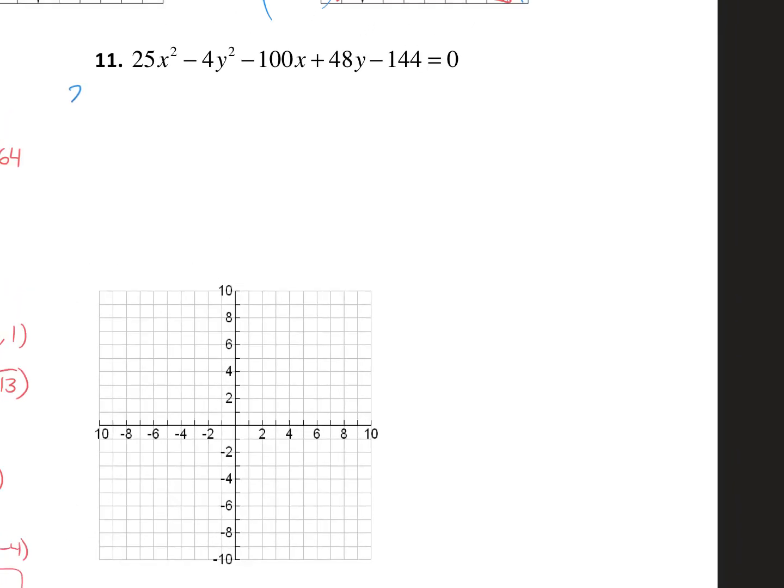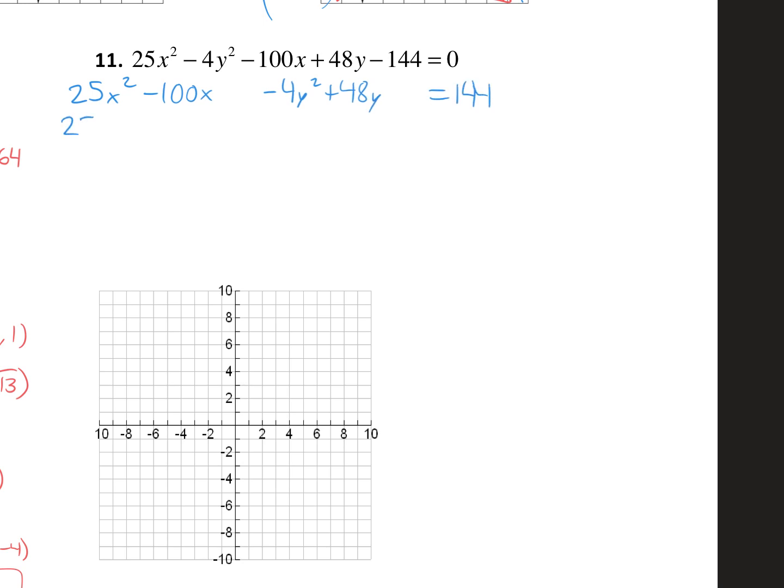All right, so we put the similar letters together, 25x squared minus 100x minus 4y squared plus 48y equals 144.